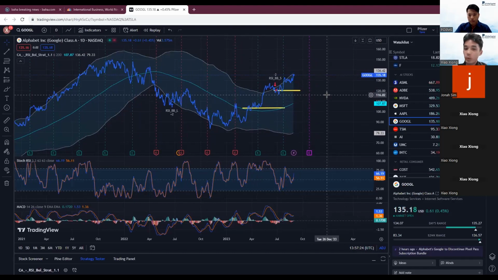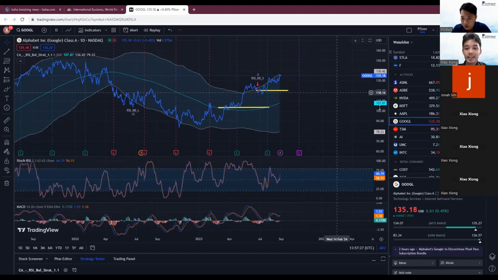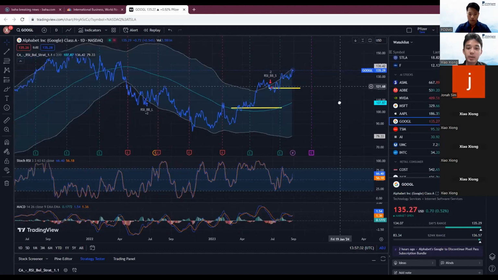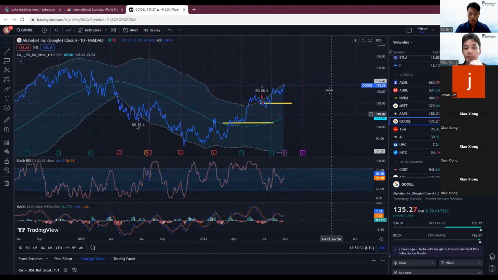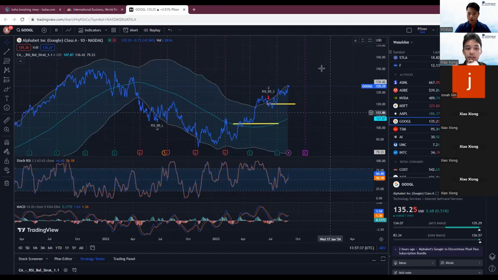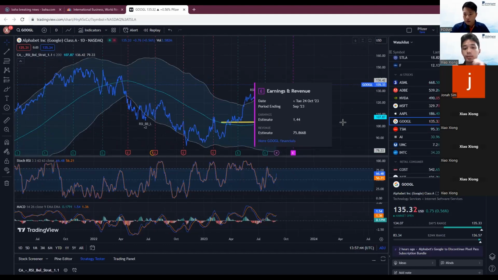But we are not sure if this is a bear market rally, so it's still very hard to say. Judging from the technicals, Google is likely to go up more, reaching about 150. But this will take some time. We will still have to wait for the earnings. We have a lot of earnings coming up in September.